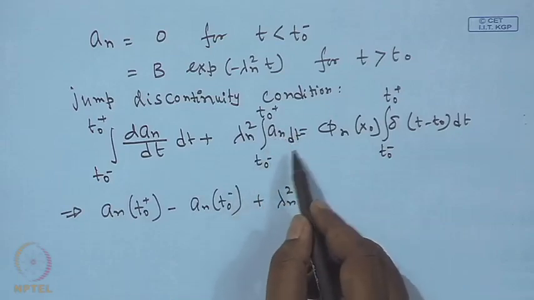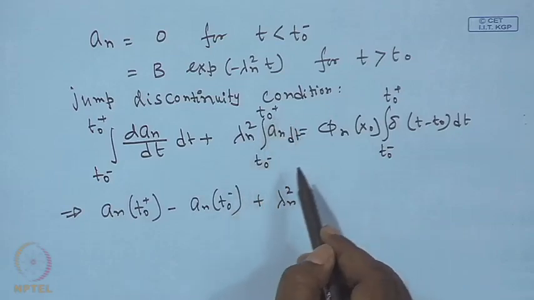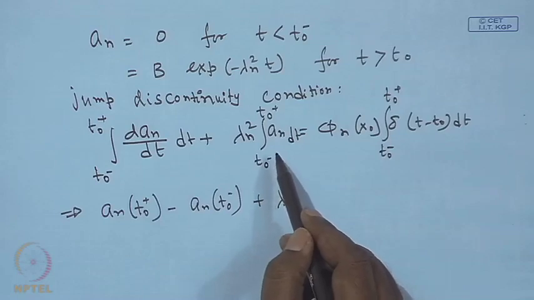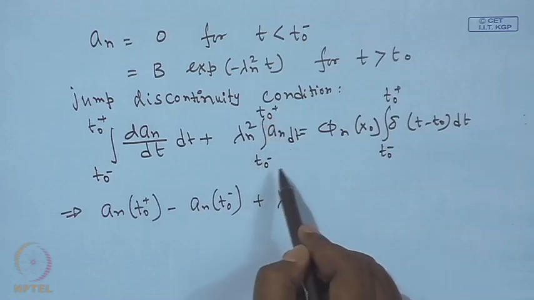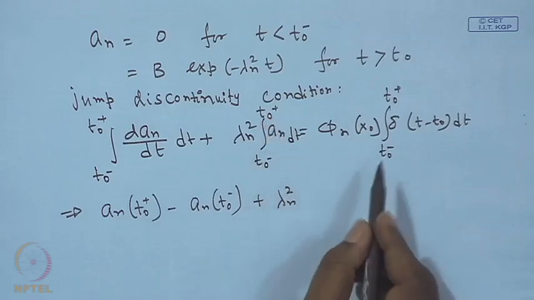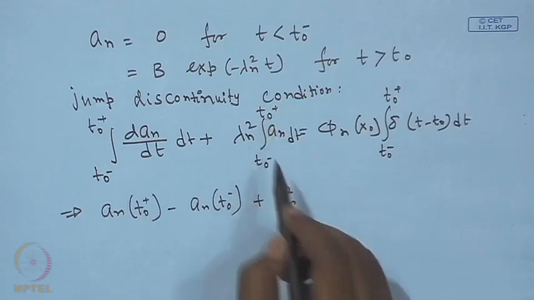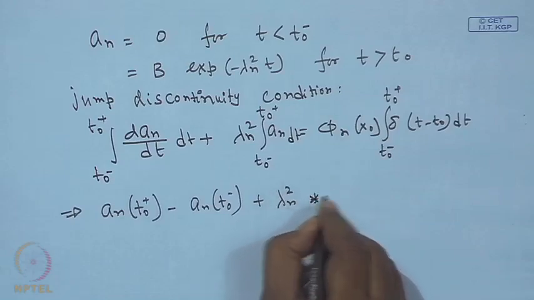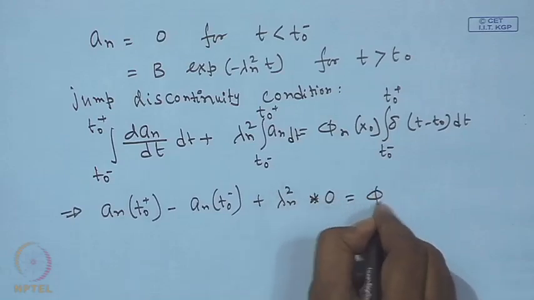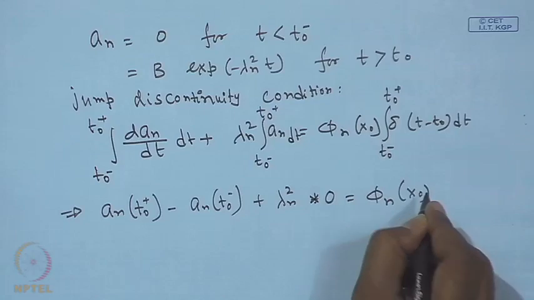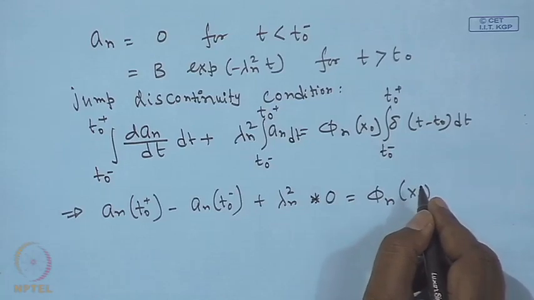That function will be evaluated at t 0 plus epsilon and t 0 minus epsilon, and when epsilon tends to 0, you will basically get the same value minus the same value after putting in the boundary limits. So, this will be equal to 0, and this is equal to phi n x naught delta t minus t 0 dt, integral over t 0 minus to t 0 plus.